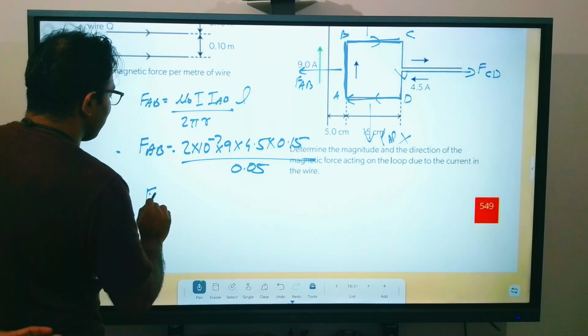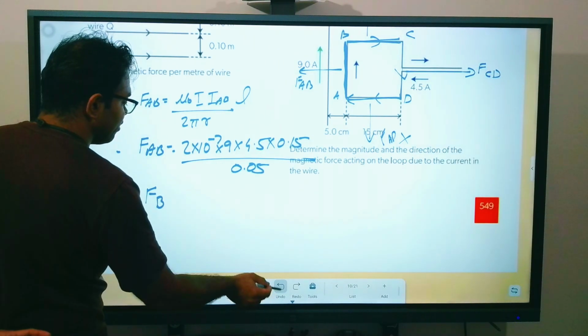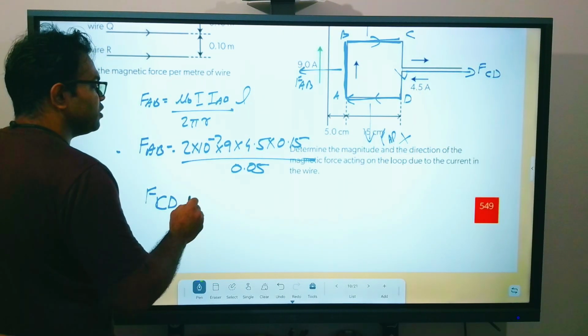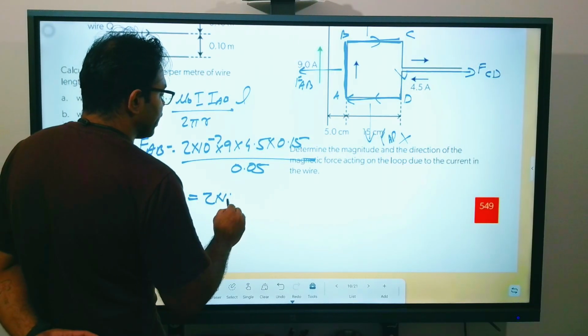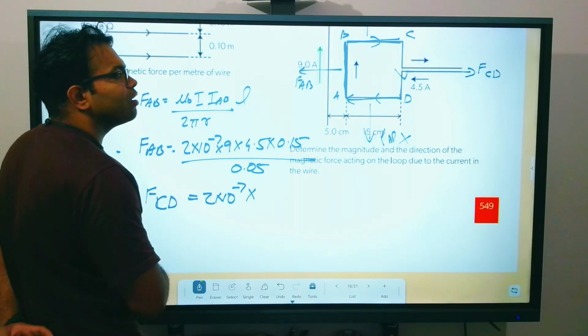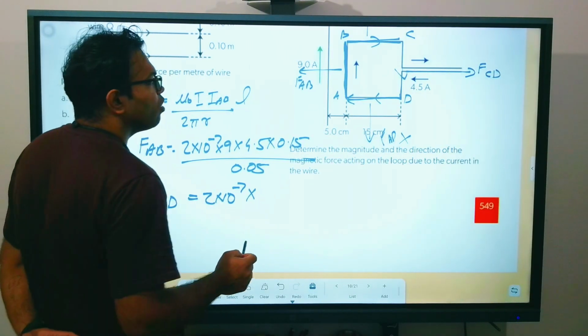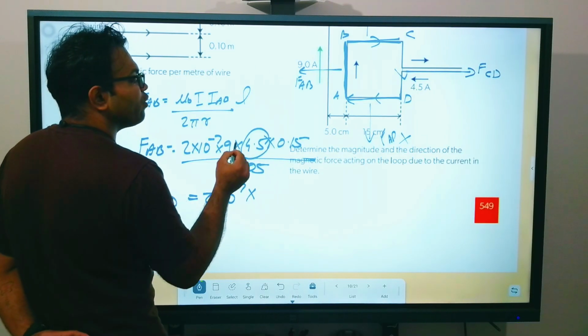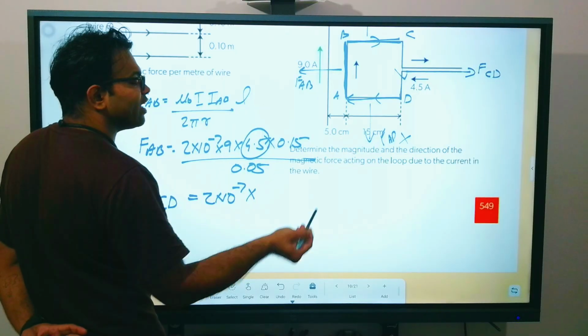Okay, so FCD will not have a very much different answer. 10 to the power minus 7 multiplied by, exactly, no, both of them have 4.5, Akshay. This one also has 4.5, the second conductor.